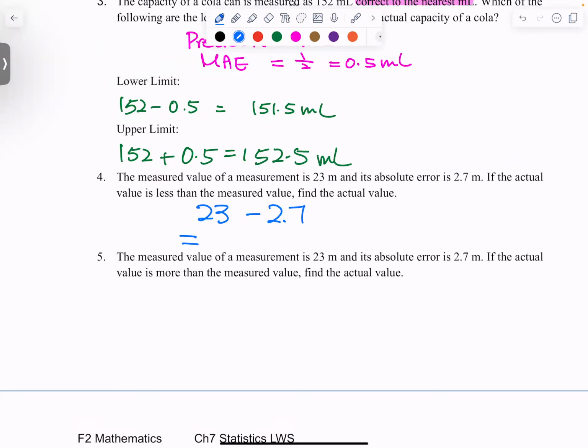Same for the other one. Less, so you minus. More, so you do plus. So 23 plus 2.7. And the next one, this one. Did I miss something? Yes, the units.